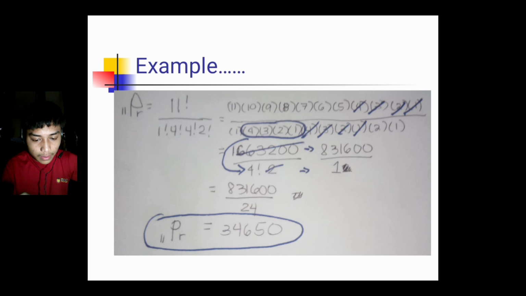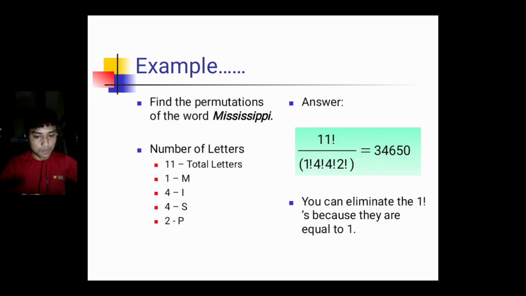So, now, we have this. The 4 factorial is equivalent to 24, kasi dinivide ko to sa 2. So, yung 4 factorial is equivalent to 24. I'm going to divide this by 24 so that I got 34,650. So, that's why that is the answer.